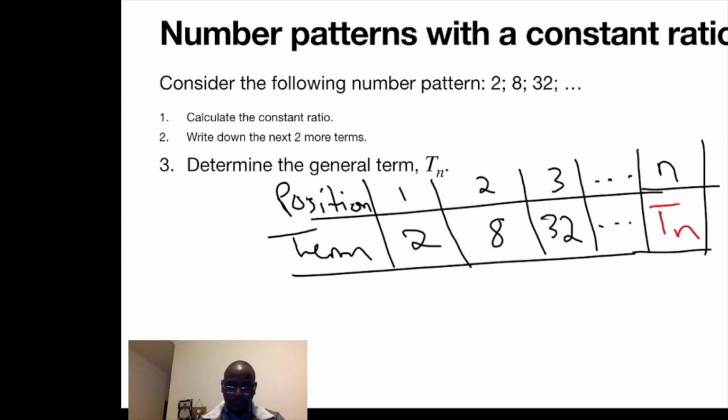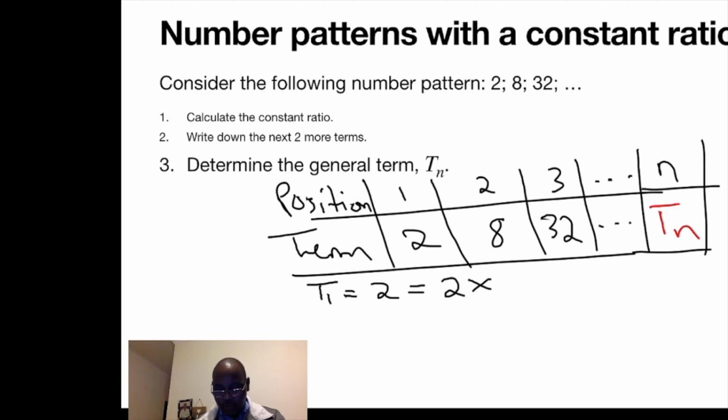If you look at the first term, T1, now T1 is equal to 2. And 2 can be written as 2 multiplied by something. And I need that something to come from the constant ratio.